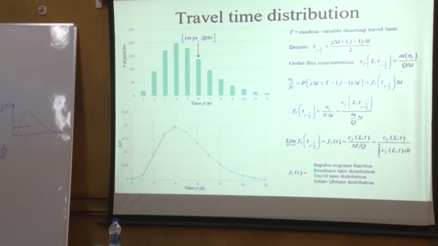It sometimes is called a residence time distribution, because this curve is telling you the time that a particle resides in the system. When it's introduced at time t equals 0, when does it come out? Or travel time distribution. Sometimes solute lifetime distribution. All of these are various names for the same thing.